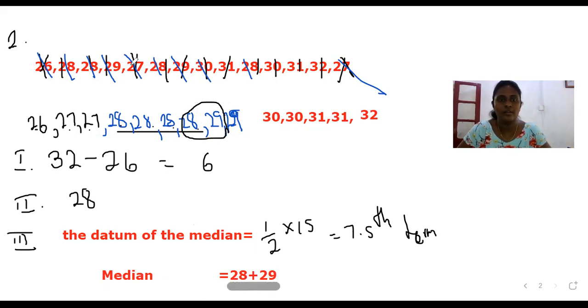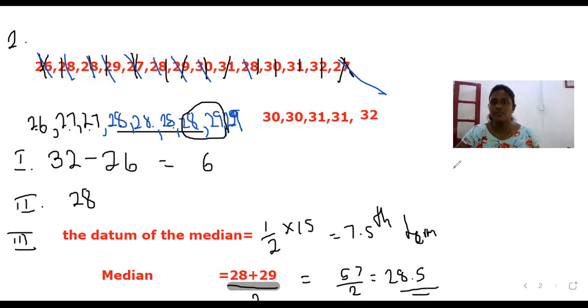When you add, 28 plus 29 will be 57. 57 divided by 2 is 28.5. So the median of this is 28.5.